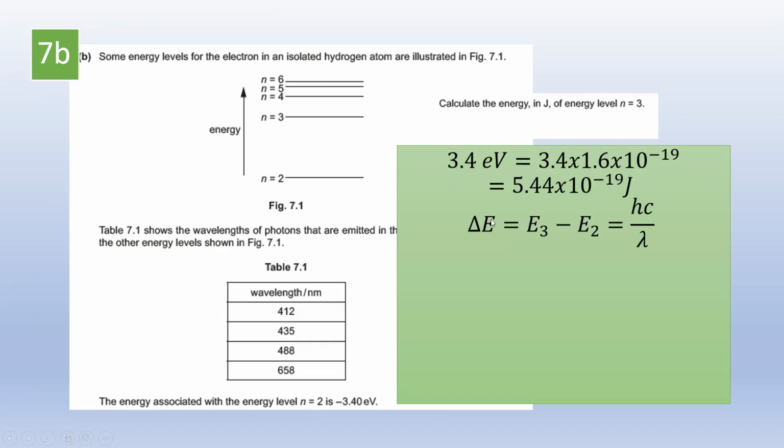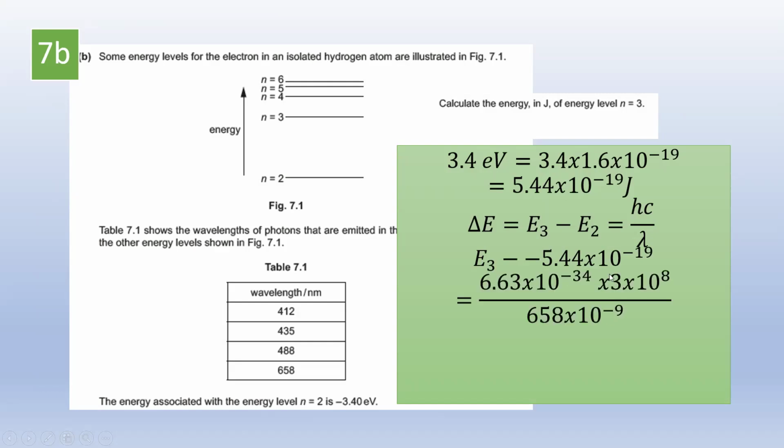And use this formula. We know E2, we don't know E3. Lambda, we can find from here. So E3 minus E2 equals Planck's constant and speed of light times this one.